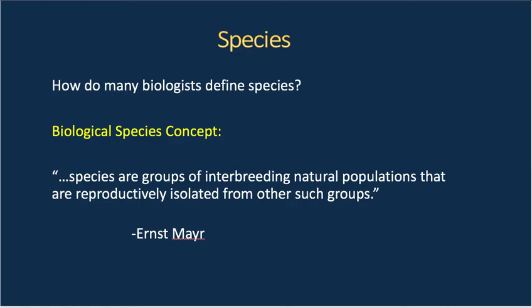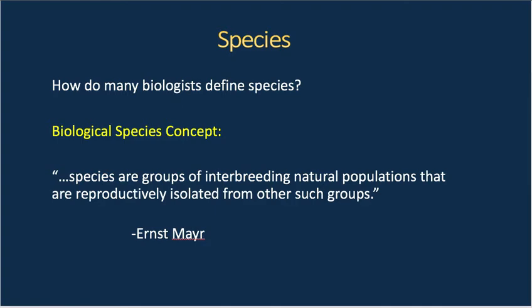There are actually lots of different ways that you can describe species. So there are lots of different species concepts, one of which is listed here on the slide, which is called the biological species concept. The biological species concept is defined as species being groups of interbreeding natural populations that are reproductively isolated from other such groups.